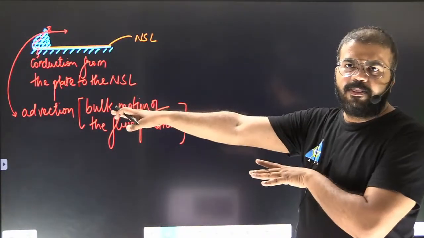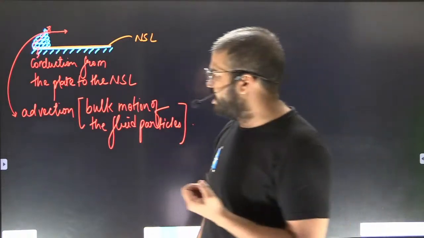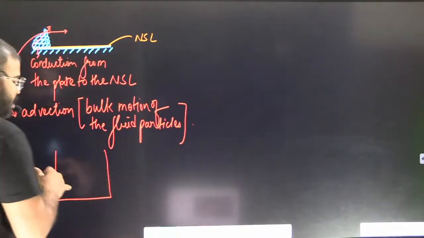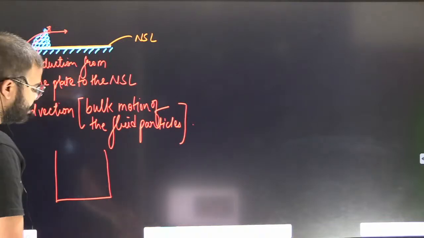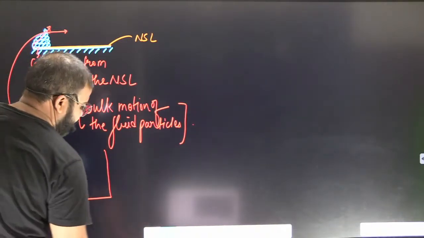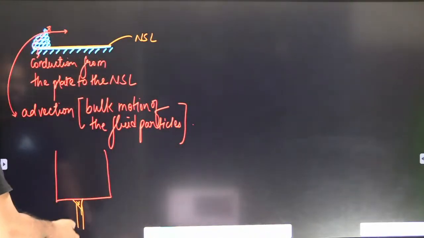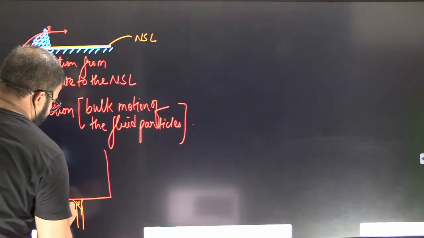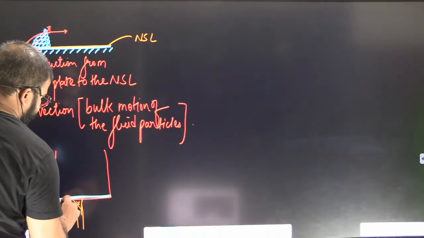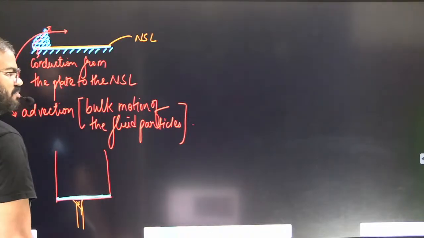Understood, everybody? Understood now what is happening? The mechanism, right? You remember I told you yesterday? Suppose this is a beaker or container of water, and you have put it over a flame or burner. The lowest layer will again be the no slip layer. It will be stagnant at this position.